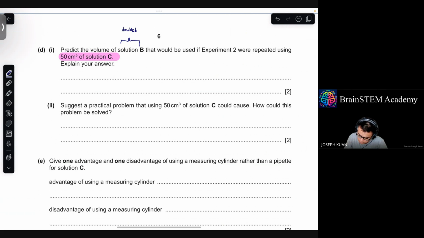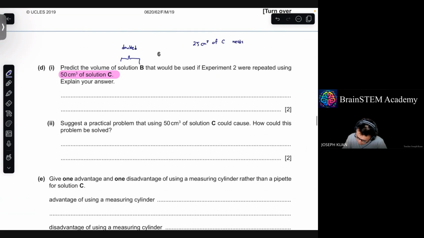Right, because you see 25 cm³ of C needs 30 cm³ of B. So essentially 50 of C will need 60 cm³ of B. So it will be 60 cm³.